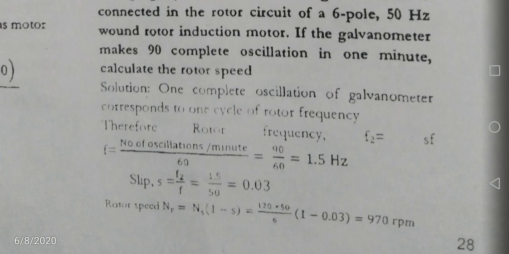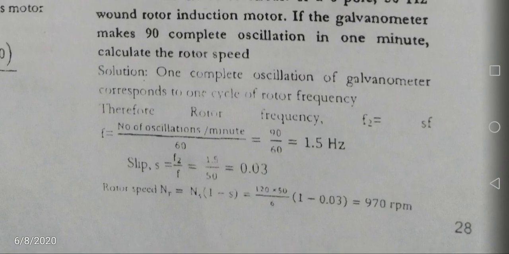Solution: 1 complete oscillation of the galvanometer corresponds to 1 cycle of rotor frequency. Therefore, rotor frequency f2 equals s f. The number of oscillations per minute divided by 60 is 90 by 60, that is 1.5 Hz.